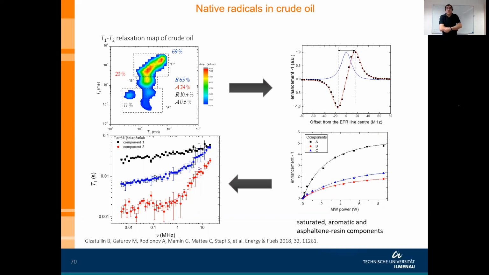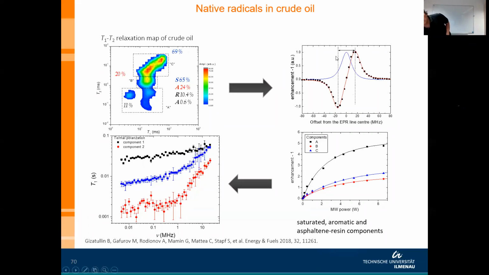Of course, we have an analysis of the oil, this known analysis that is called SARA, which basically gives the aromatic, the saturated, and the asphaltene portions of the oil. And like this, we can say that asphaltene and resins give a signal, and the saturated and the aromatic give different signals. Discriminating these three signals using CPMG, we then get these curves here.